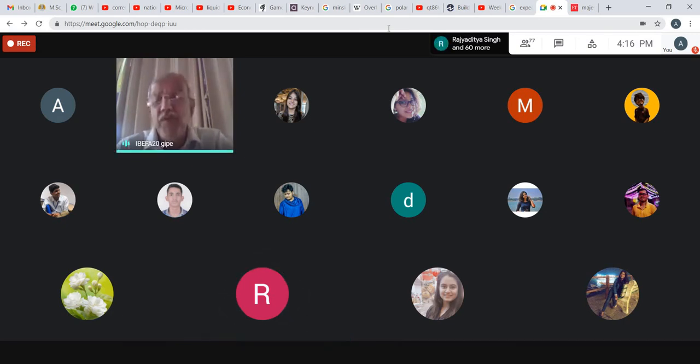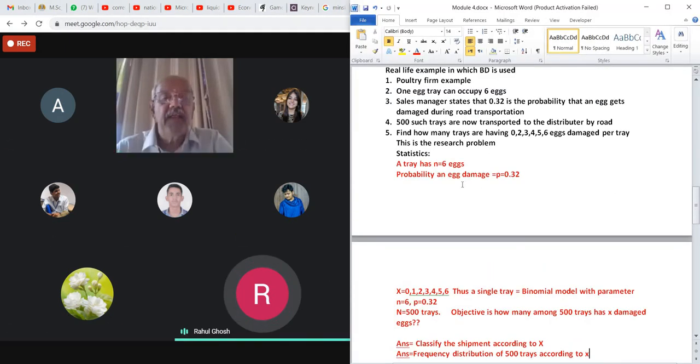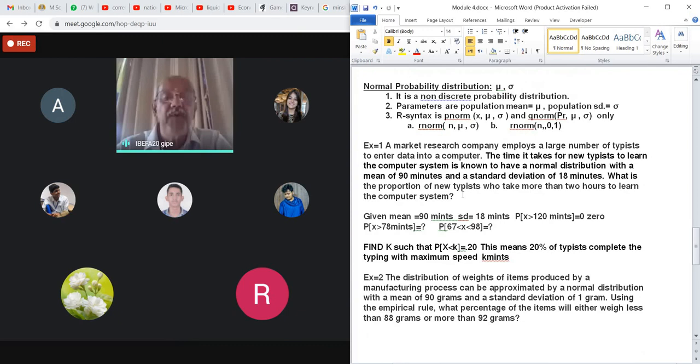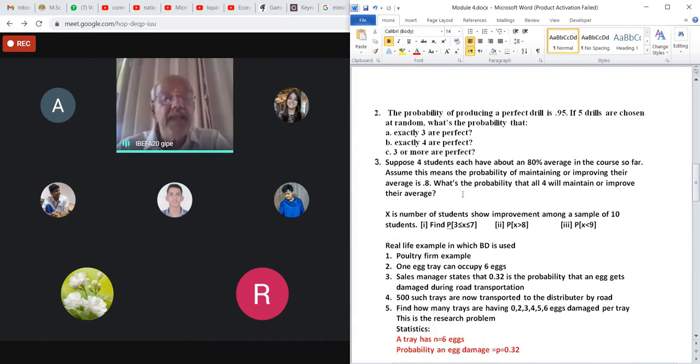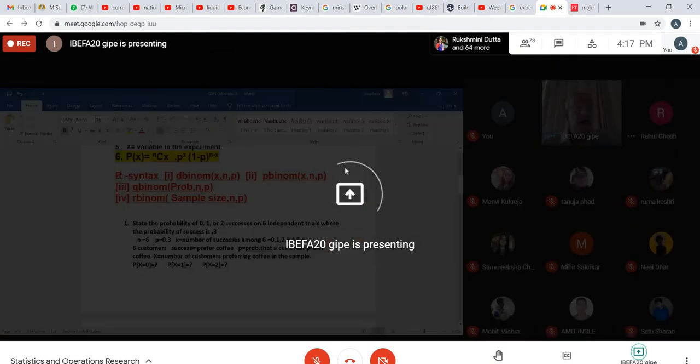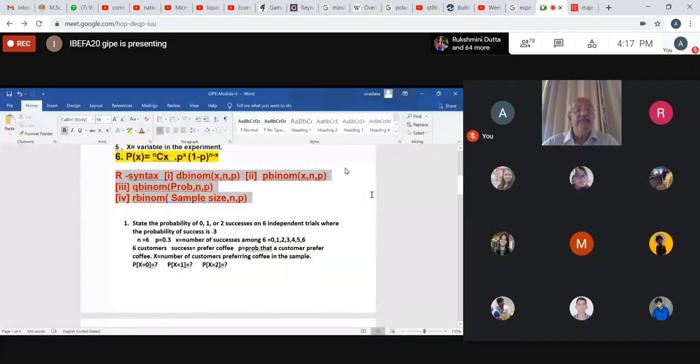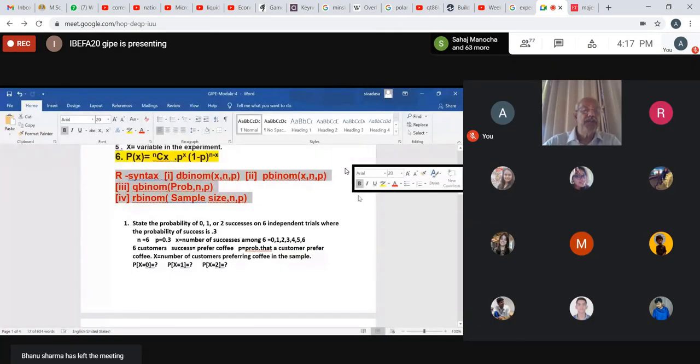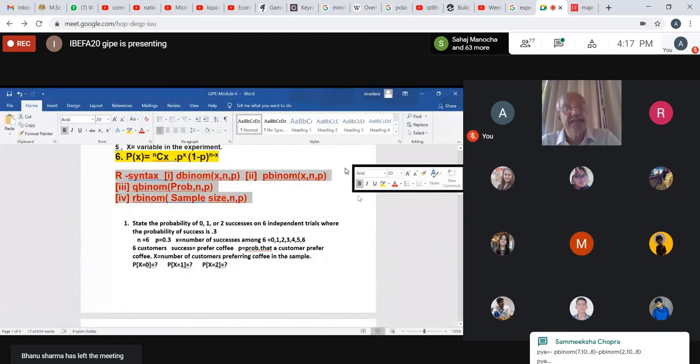Syntax is given in your module. It is there in the module. You can check. In the handout, I have given it highlighted. Look, our syntaxes are these many, of which I explained only 2. 3 and 4 is Thursday. Okay, sir. Thank you.